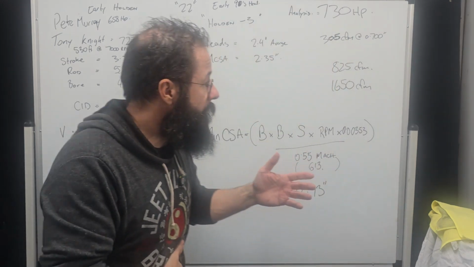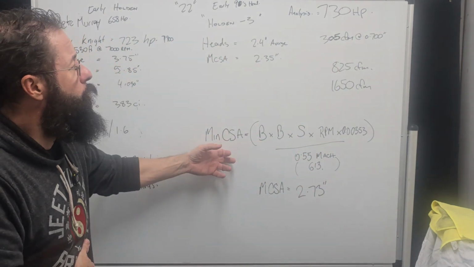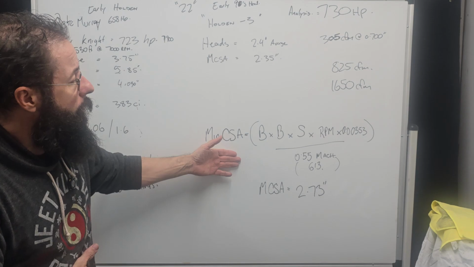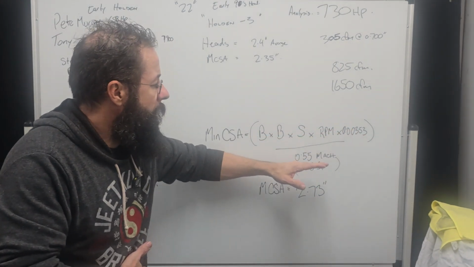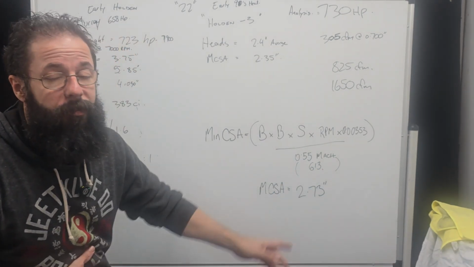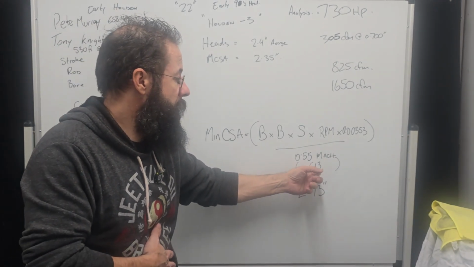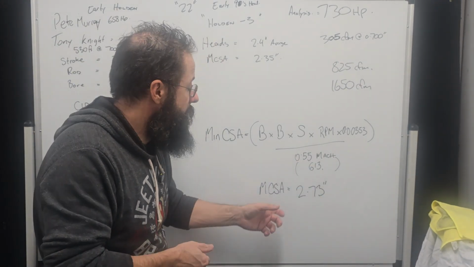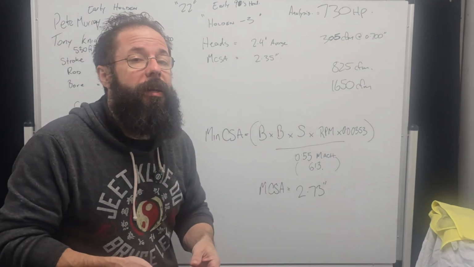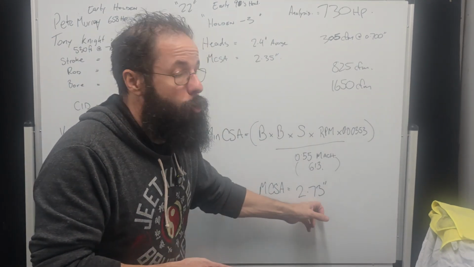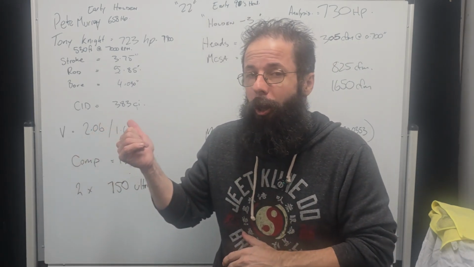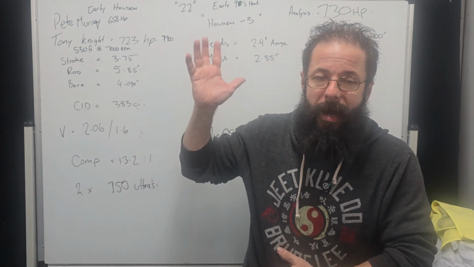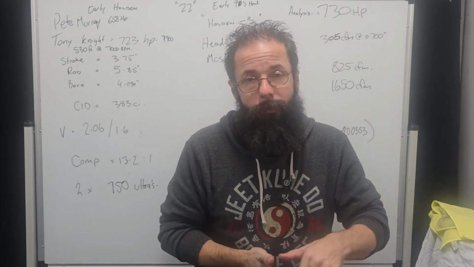So if we look at the standard minimal cross-sectional area equation, bore squared, stroke, RPM, the standard Mach of 0.55 works out at 615 feet per second. If we run the numbers on this engine, you'll see it comes up at 273 square inches, which is not even close to this. And that's because this is a high Mach index engine. It's not a small block Chevy.